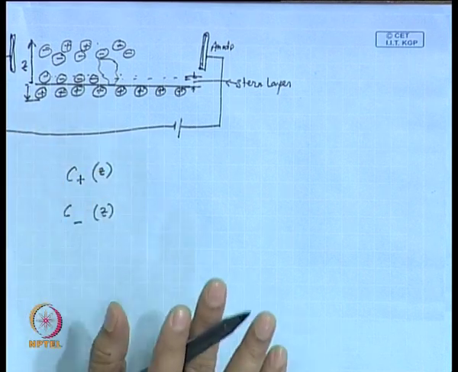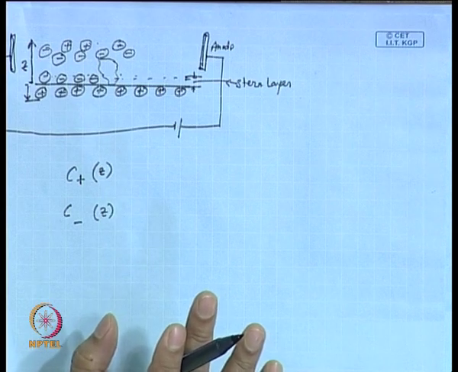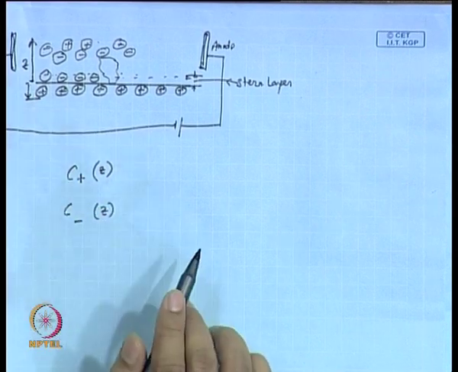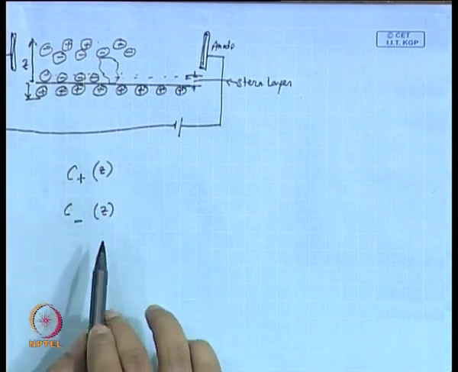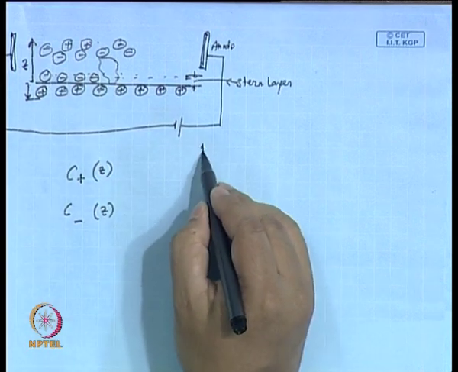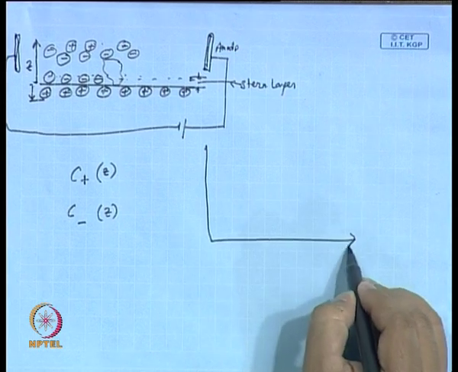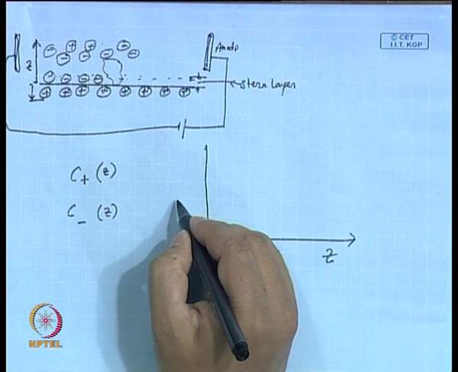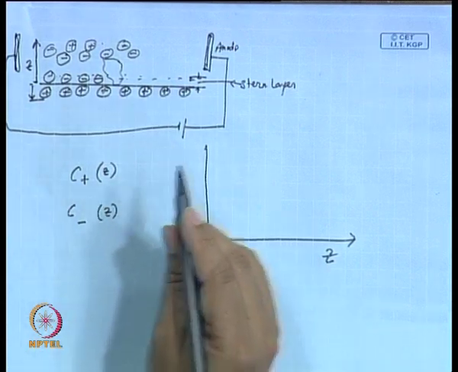That is what is of primary importance to us, because once we find that, then we can think of the body force these ions can apply. Okay, so before we get to that, we have to establish what is the functionality for C plus of Z and C minus of Z. Now, if I try to plot, say this is Z and this is concentration.